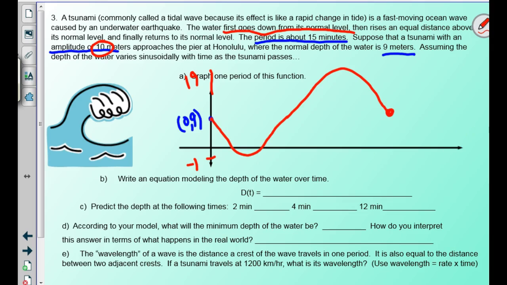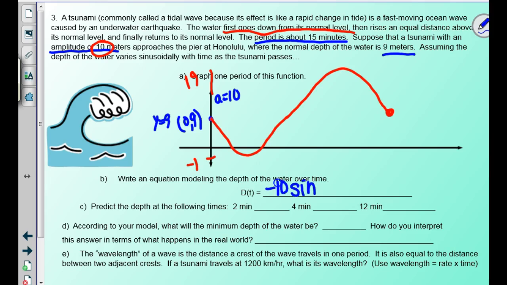Okay, who can tell me something about this graph? Midline? Yep. Amplitude? They told us amplitude was 10. What do we want to call this maybe? Yeah, we could call it a sine. What kind of a sine if it went down first? Yeah, if we do a negative, what's the amplitude again?